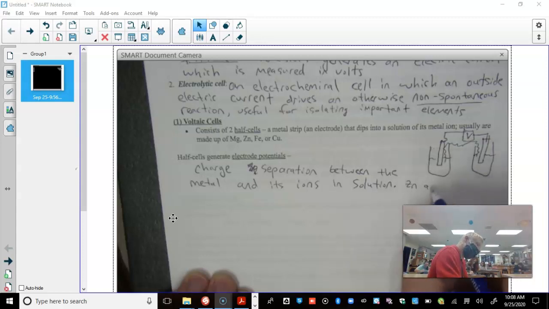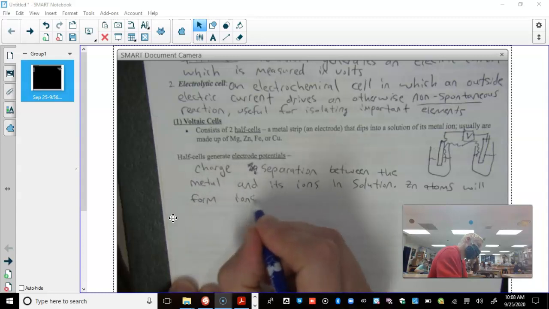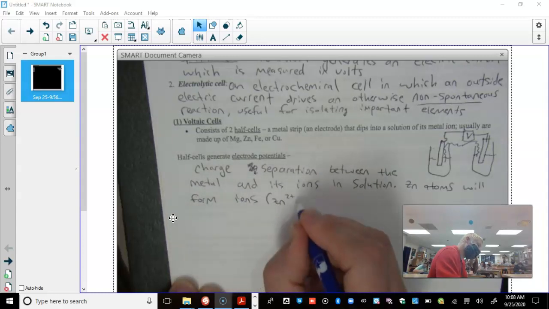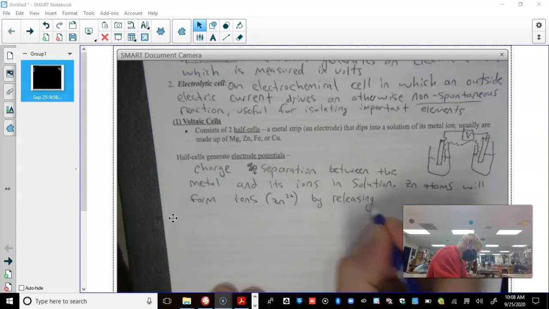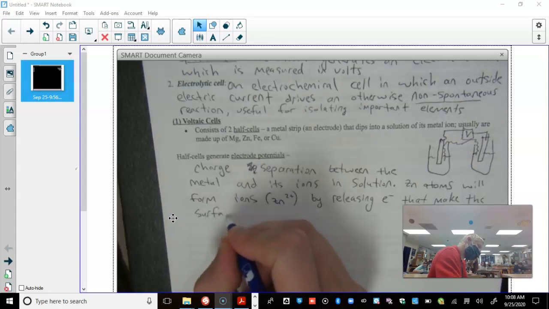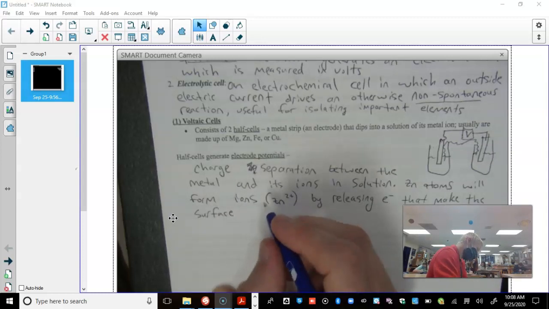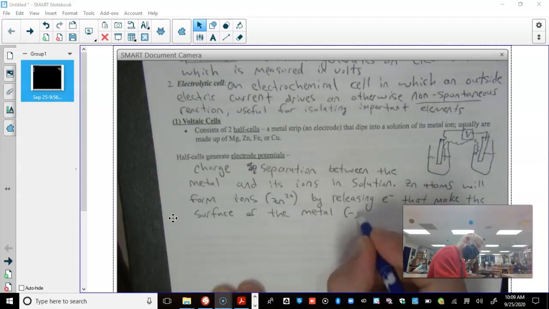Here's an example. Zinc atoms will form ions, zinc 2 plus, by releasing electrons that make the surface of the metal negatively charged.